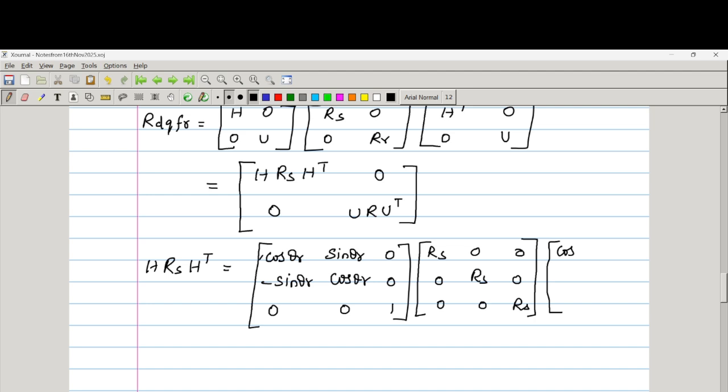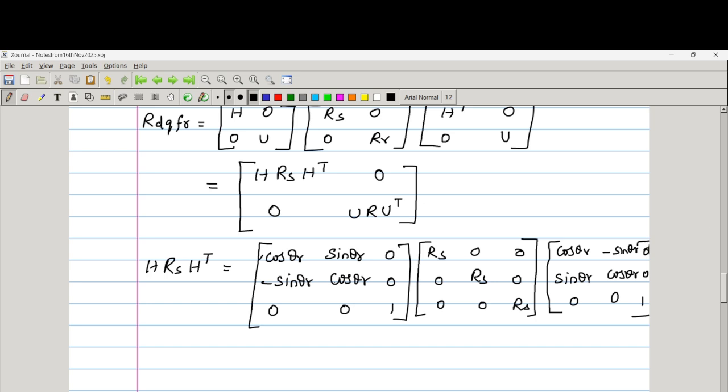So we can write cos theta r, sin theta r, 0, then minus sin theta r, cos theta r, 0, then 0, 0, 1. So this is the H transpose matrix.